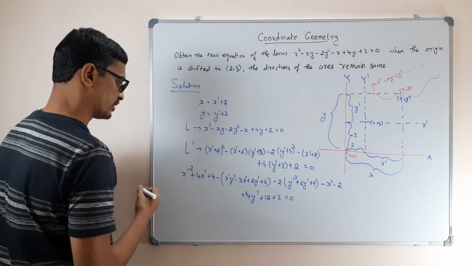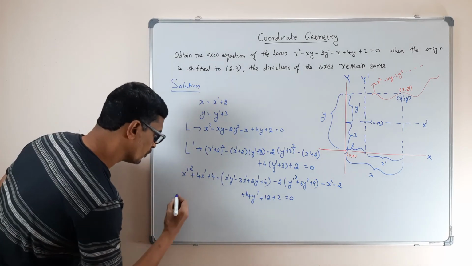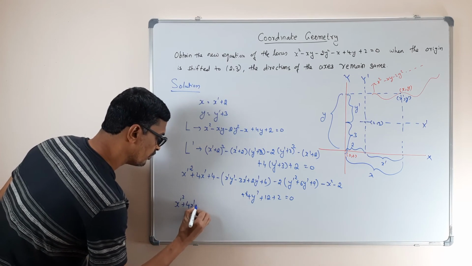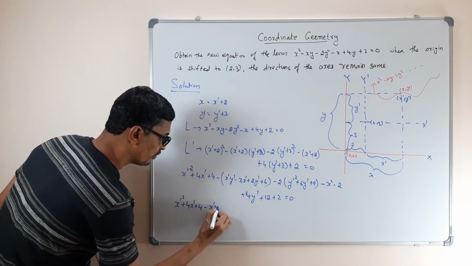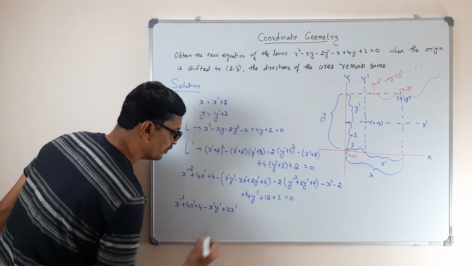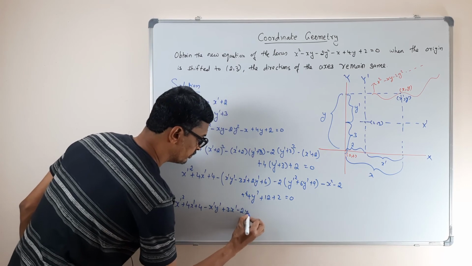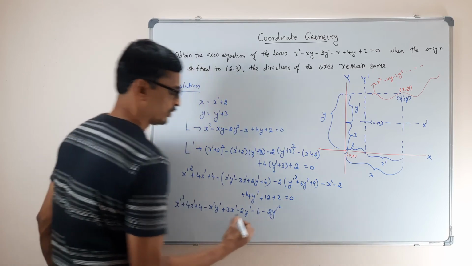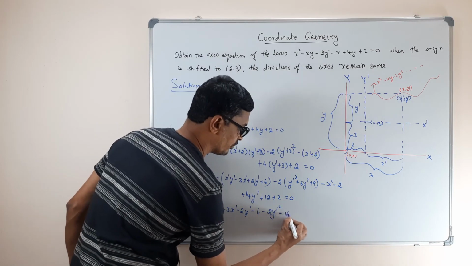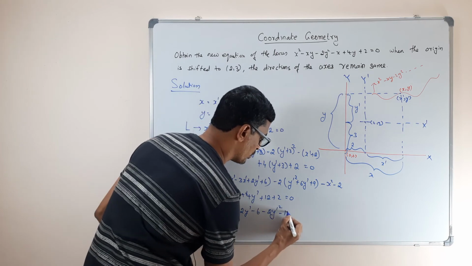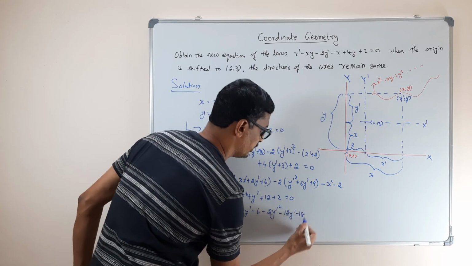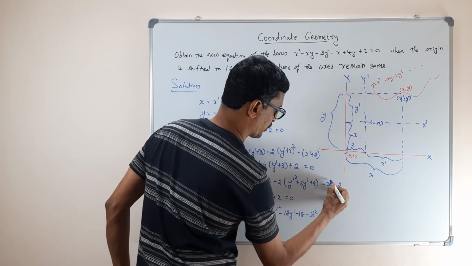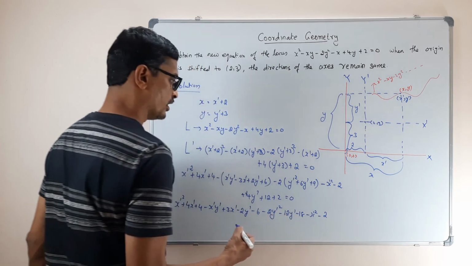Let us open all the brackets. Okay. x prime square plus 4x prime plus 4 minus x prime y prime plus 3x prime minus 2y prime minus 6 minus 2y prime square minus 12y prime minus 18 minus x prime square, oh sorry, no, x prime.